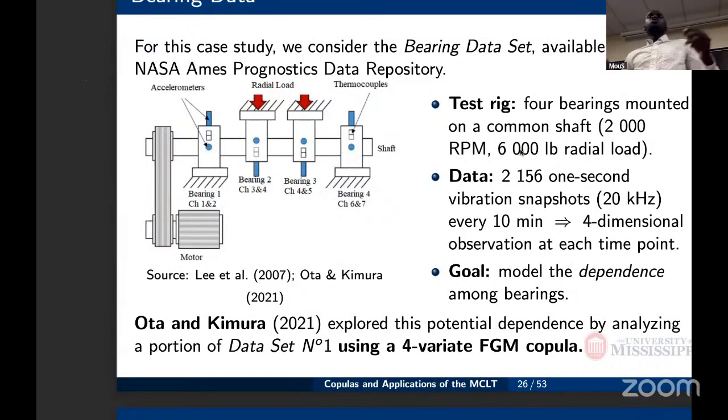Now you're interested in knowing, does the degradation of one of them impact the degradation of the other? Or is it the next one, or the third one, or the fourth one? How are these degradations related, so that we can plan how to make this thing, maybe the first one more resistant or the third one more resistant, so that we can handle this degradation effectively? So we need to study this dependence.